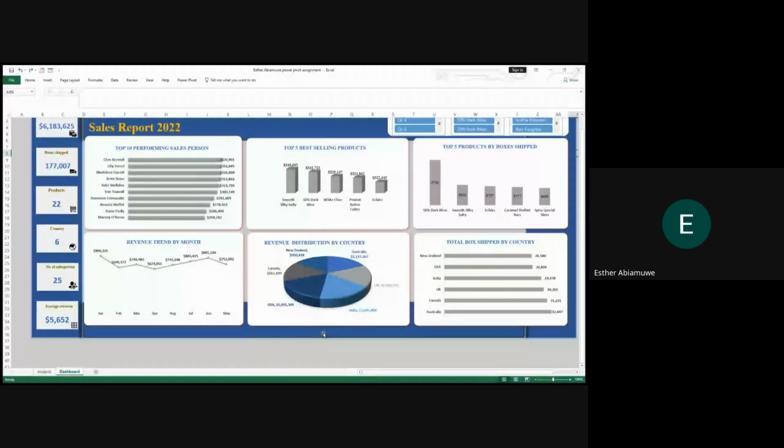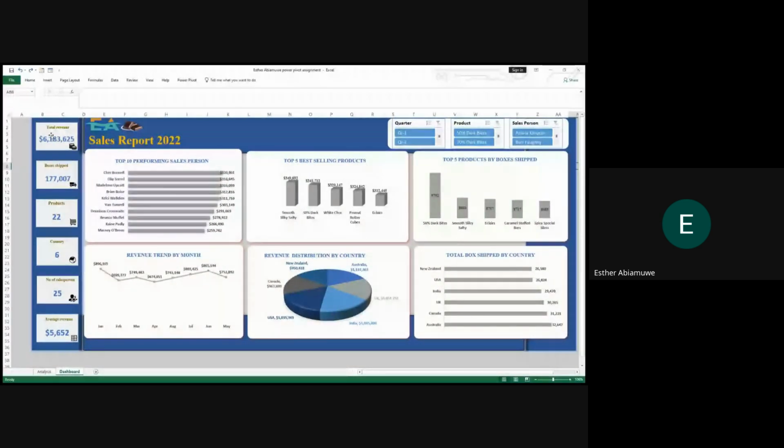From my analysis, I was able to know that the total revenue for the year 2022 was $6,183,625. Total boxes shipped for the year 2022 was 177. We had 22 products, around 6 countries with 25 sales percent, and our average revenue was $5,652.